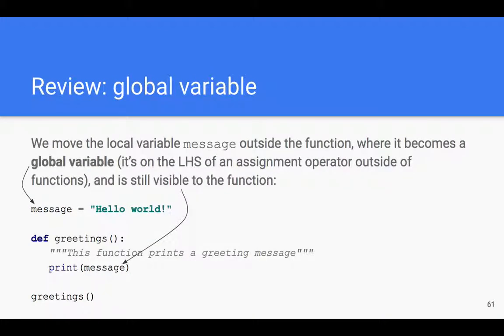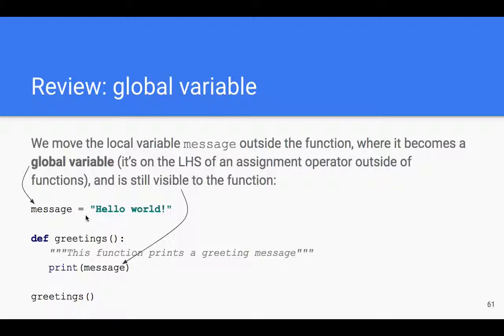And what is a global variable? Well, a global variable is a name that appears on the left-hand side of an assignment operator outside of functions.